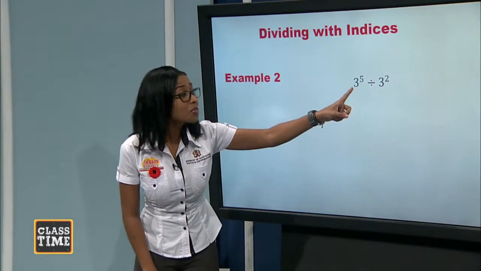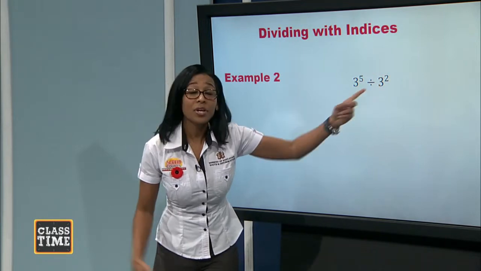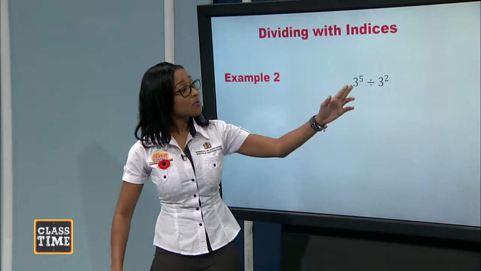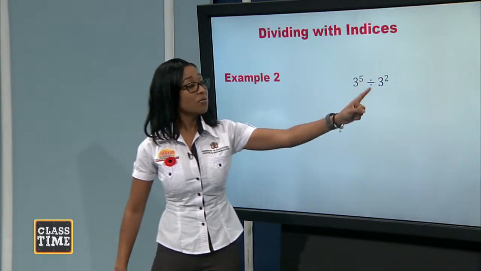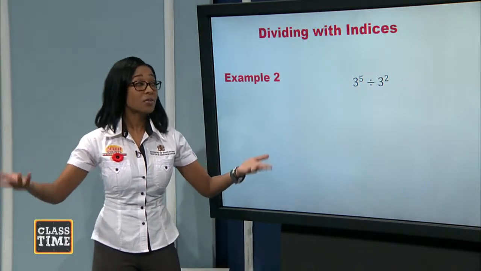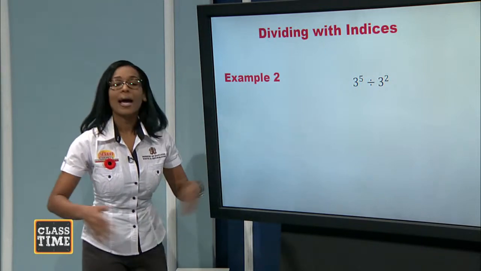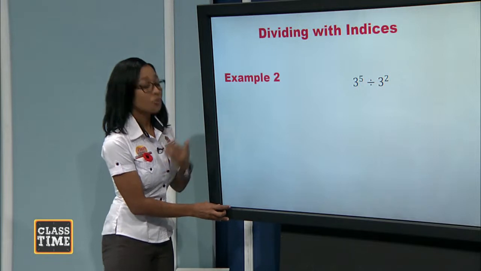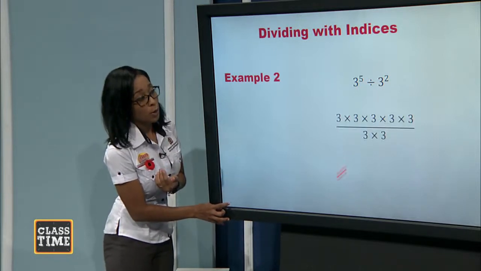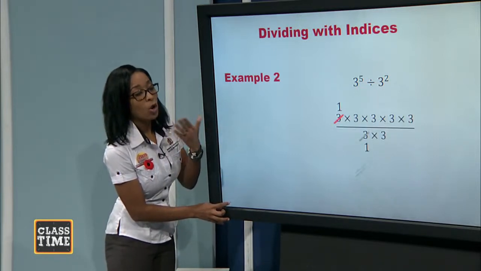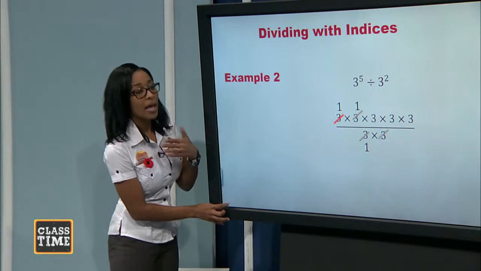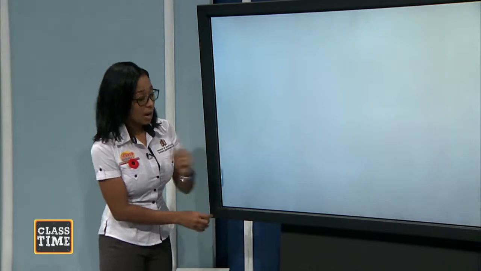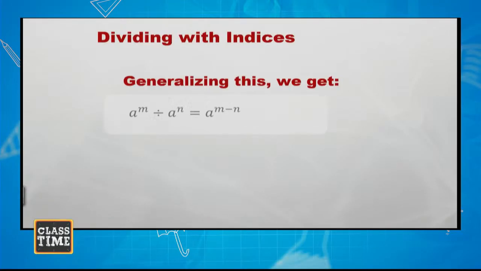We can just subtract: 5 minus 2, which would be 3 raised to the 3rd power. And this is my long way: I expanded my numerator, expanded my denominator, and arrived at 3 cubed.